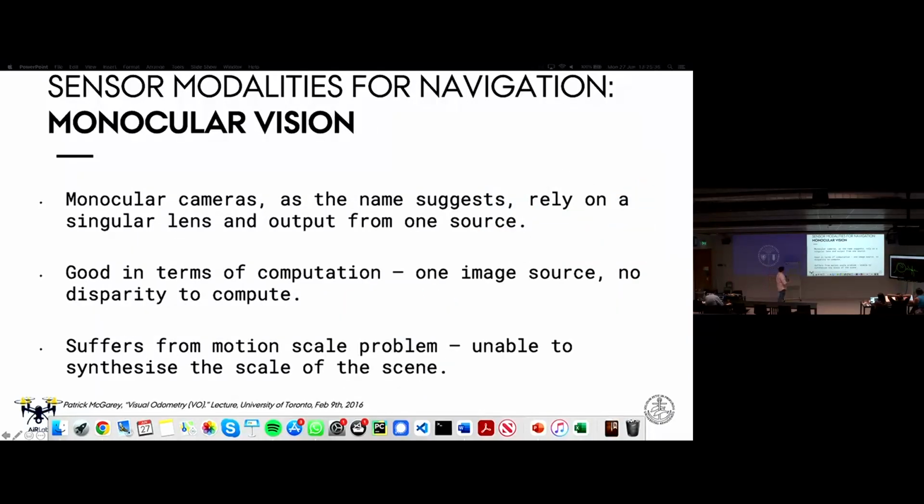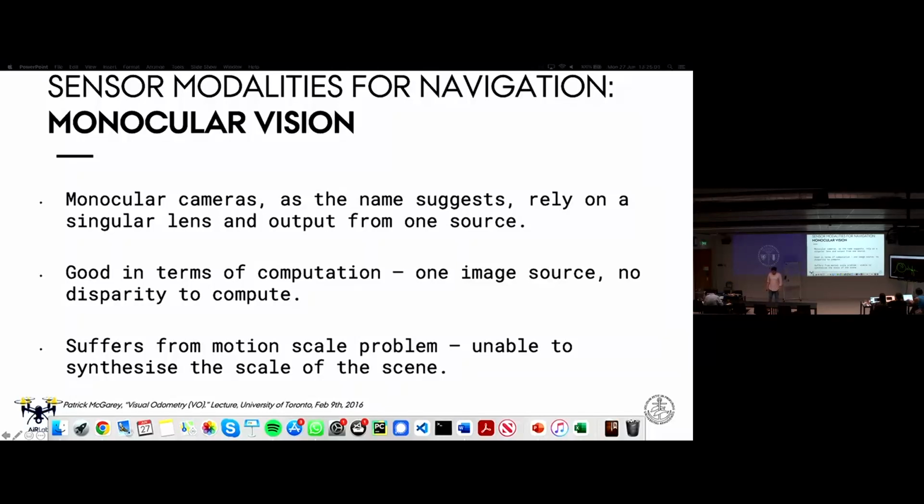So, monocular vision, as the name suggests, is very simple. They rely on a single lens and output from a single source. They're good in terms of computation: if you have an algorithm that relies on a monocular camera, it's going to be a single image source. There's no disparity to compute because there's no parity, so there's no disparity, if you will. However, it suffers from what's called a motion scale problem.